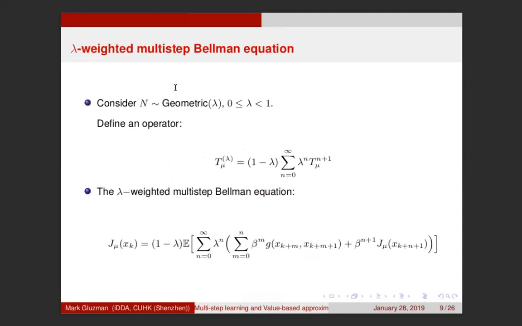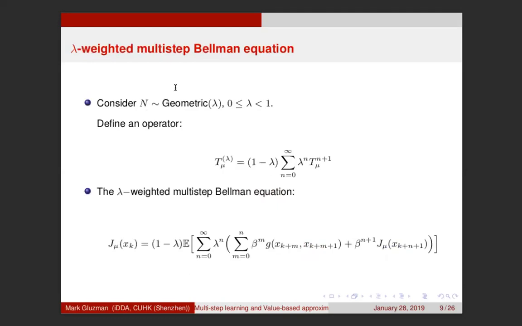The idea of TD lambda is that we assume that our n has a geometric distribution with mean lambda. In this case, we can define a lambda-weighted multi-step Bellman equation, the following one. And in this case, the lambda-weighted multi-step Bellman equation will be equal to the last one.